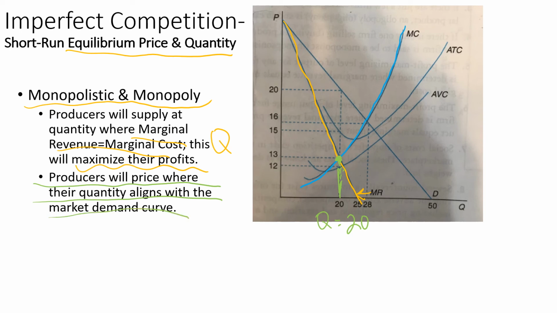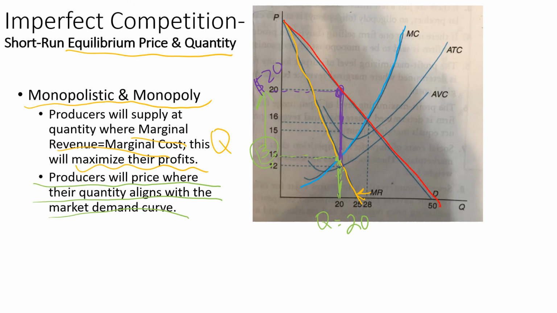So we are not going to price our product at $13 because we can get more. Our market, if we have a quantity of 20, they are willing to pay $20 for each of those 20 units. So I followed this up to the demand curve. This red line here is the demand curve.